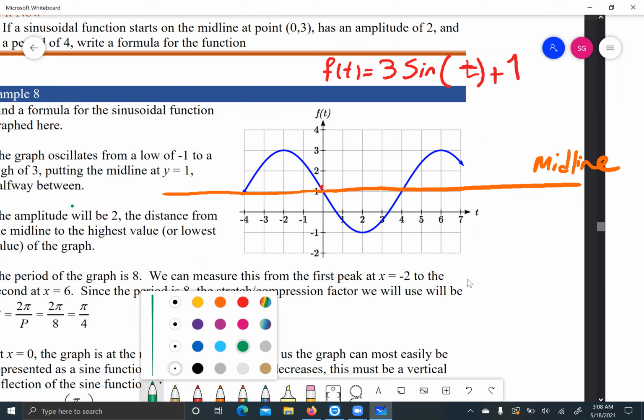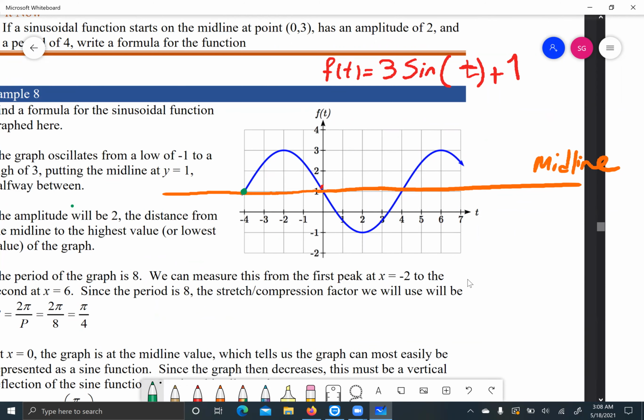For example, it goes up, down, here. This is a complete rotation, right? 4 units here, 4 units here. So it's going to be 8. So period is 8.